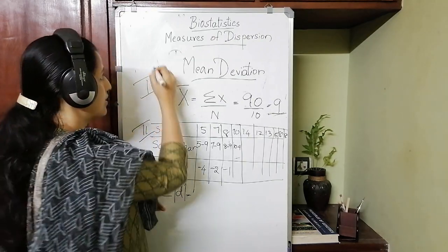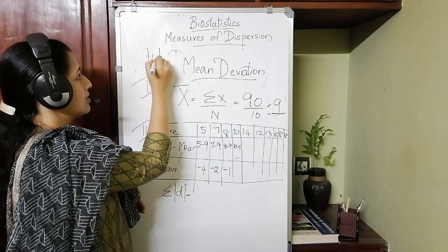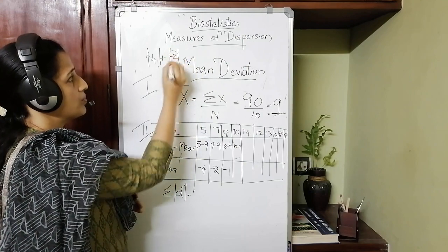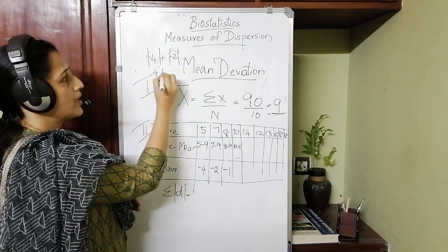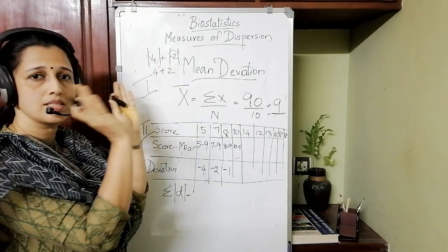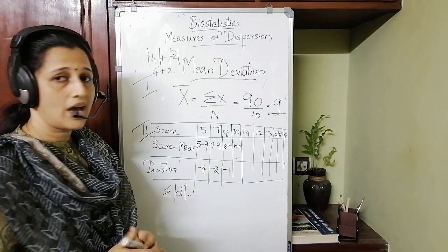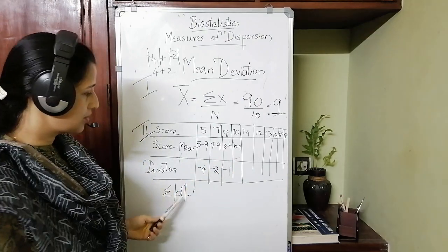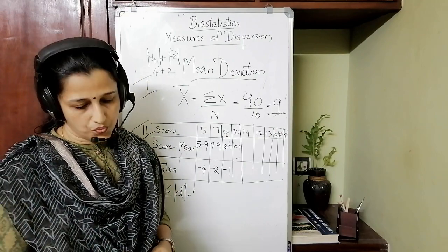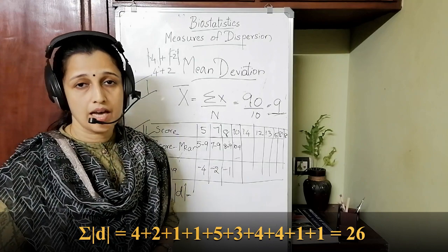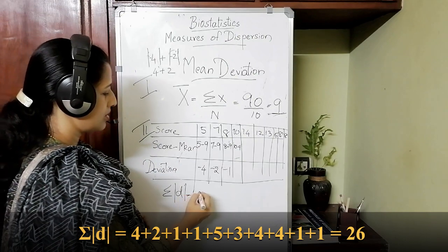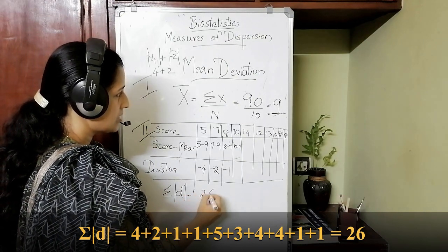If you put two lines on either side, the absolute value of negative 4 plus the absolute value of negative 2 means it's simply 4 plus 2. So sigma d is equal to 4 plus 2 plus 1 plus 1 plus 1 plus 5 plus 3, and it comes to 26. Sigma d is 26.